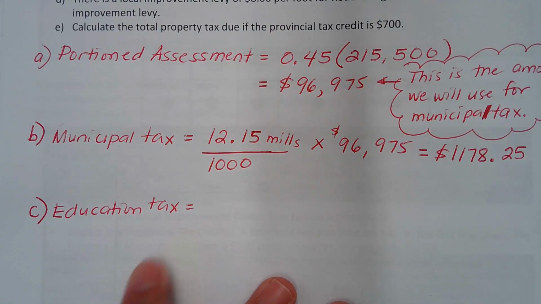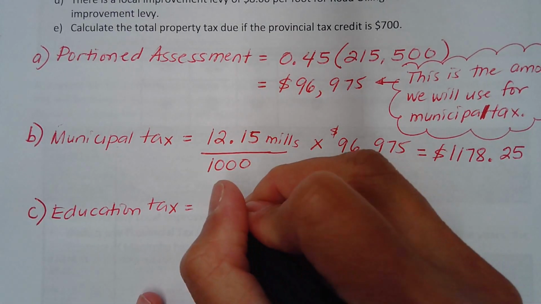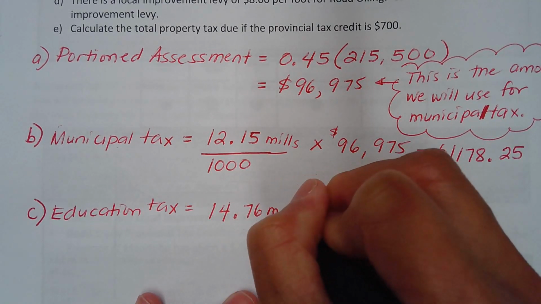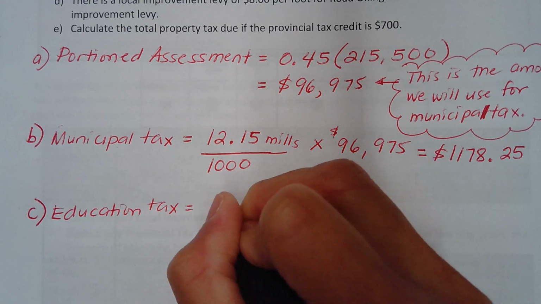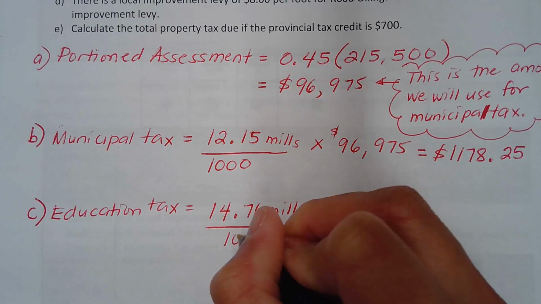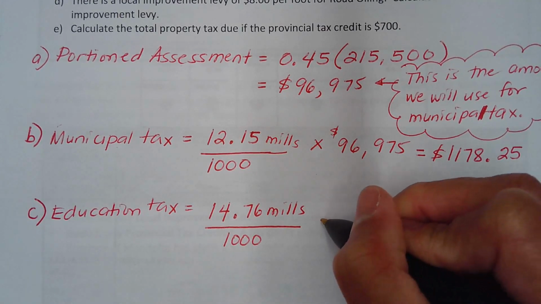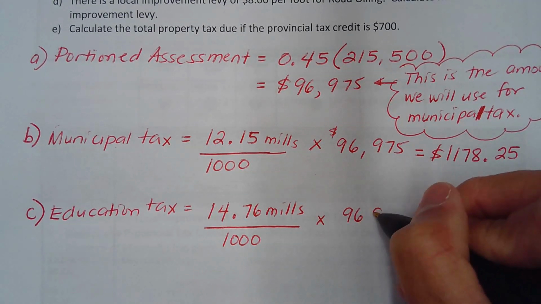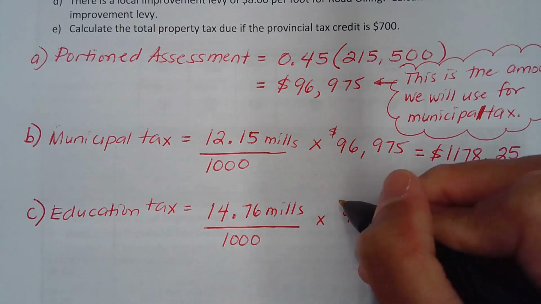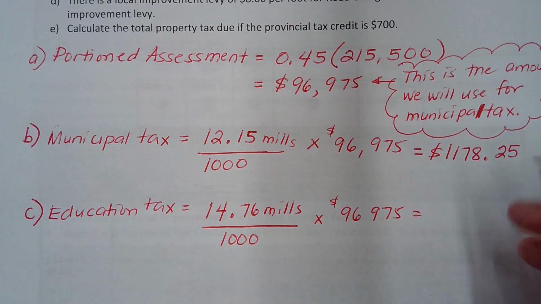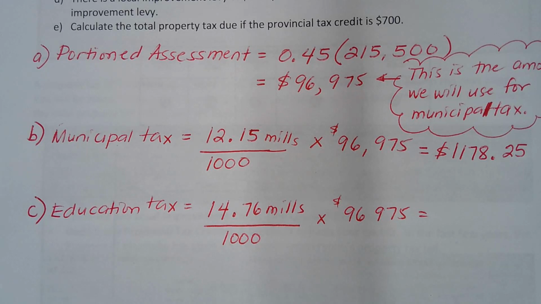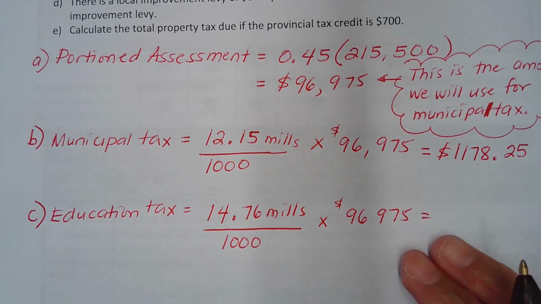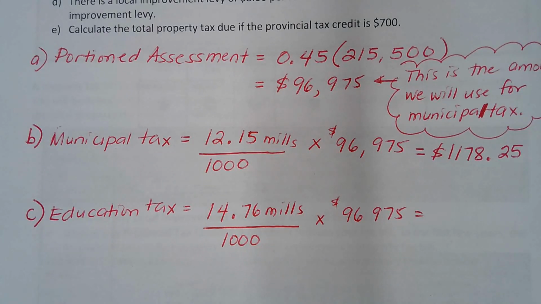So education tax, what's the mill rate? 14.76 mils over 1,000 times 96,975. Even for education tax, if they don't give you a specific number, we're going to use the portion assessment as well.